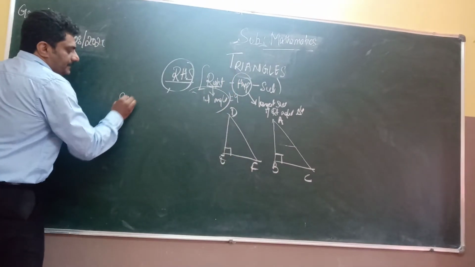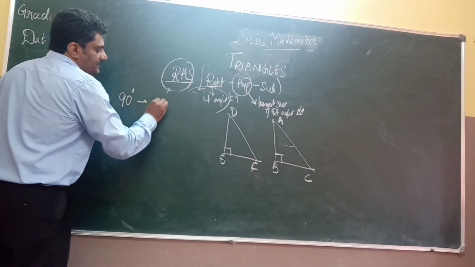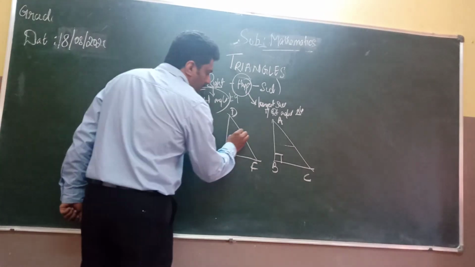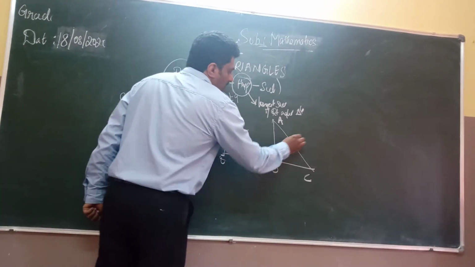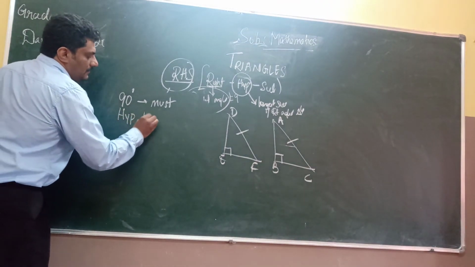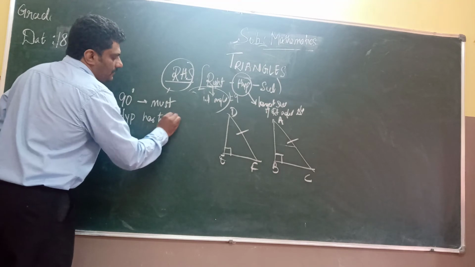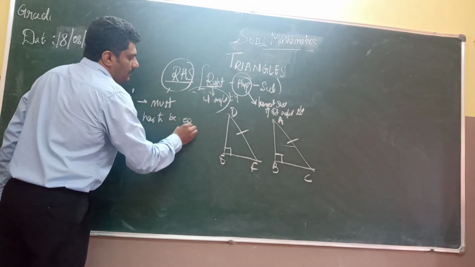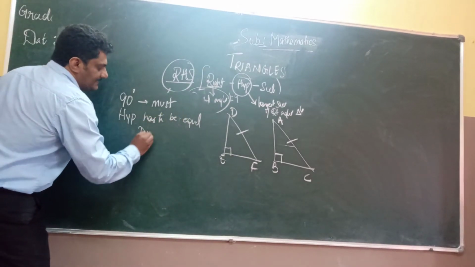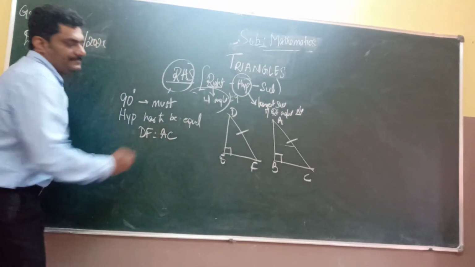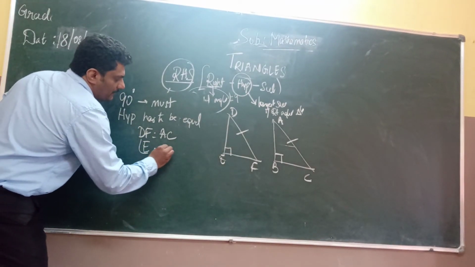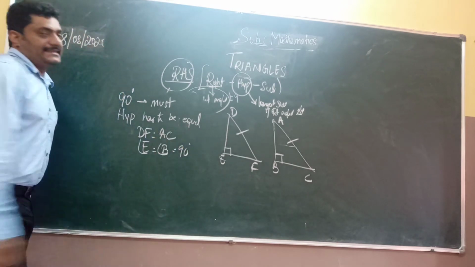Okay? 90 degree is a must. Second thing, hypotenuse has to be equal. In this case, DF is equal to AC. And the 90 degree is angle E is equal to angle B is equal to 90 degree.